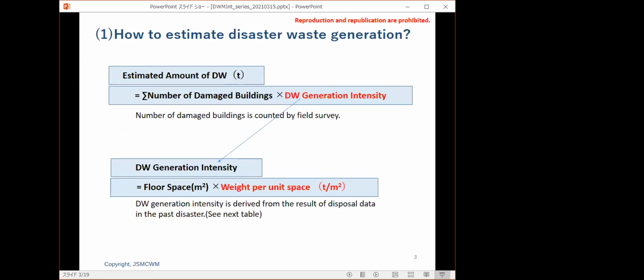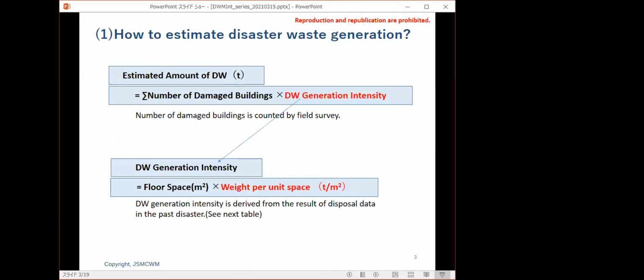So how to estimate disaster waste generation? Here we have two equations. The above equation means the estimated amount of disaster waste.